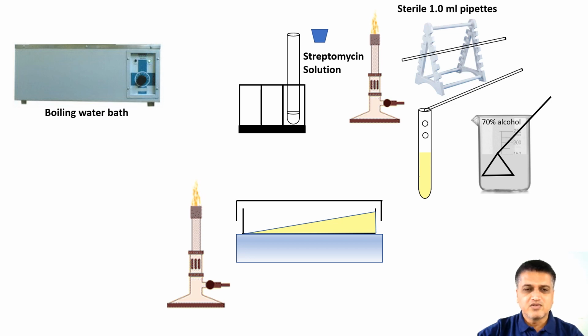Now add 1 ml streptomycin solution. Keep it in mind, the concentration of streptomycin solution and the amount of streptomycin solution added in melted nutrient agar both must be set in accordance to minimum inhibitory concentration, that is MIC, of streptomycin for E. coli culture used in the experiment.